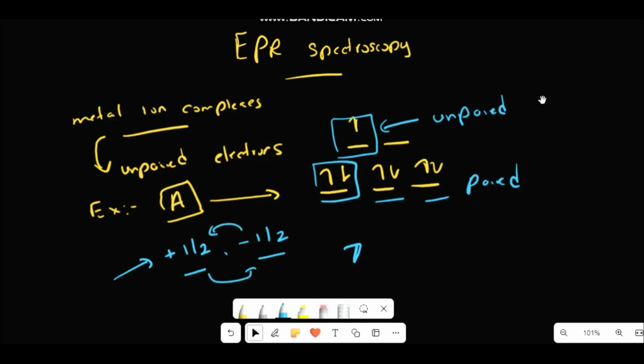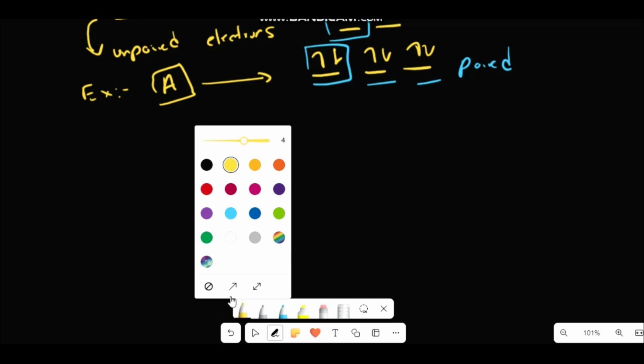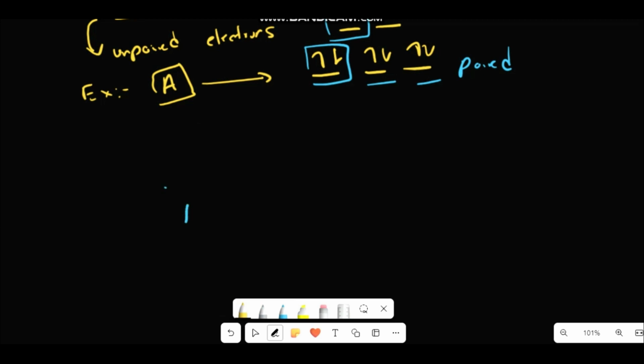Now what we are trying to do here is apply a magnetic field. Here we have our electron, so it has two states, one is 1/2 and one is -1/2.